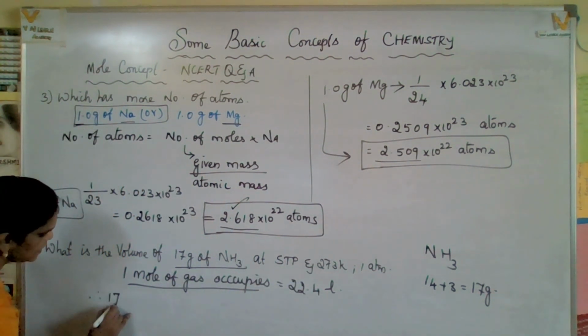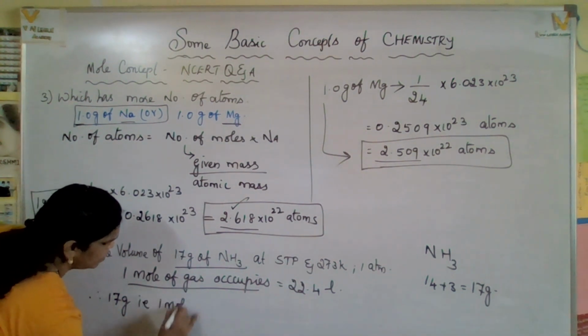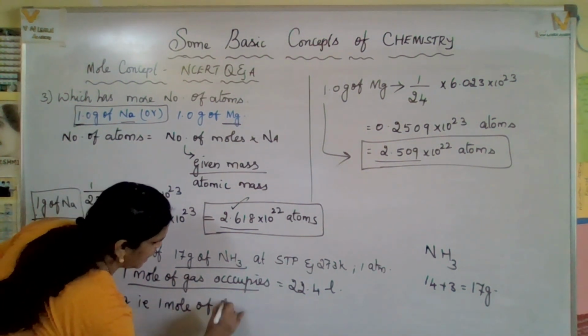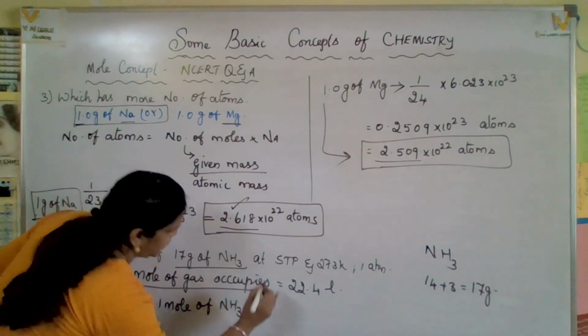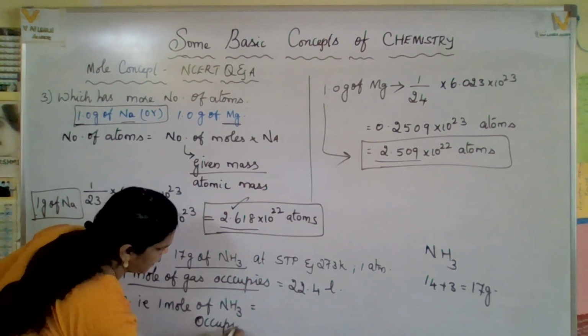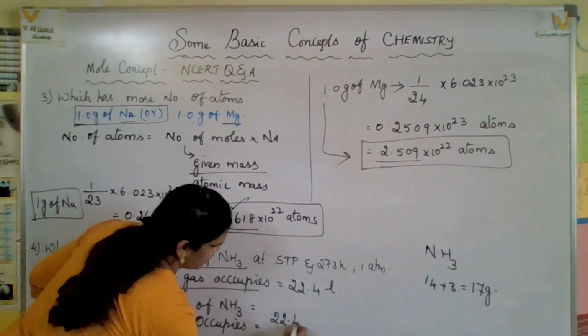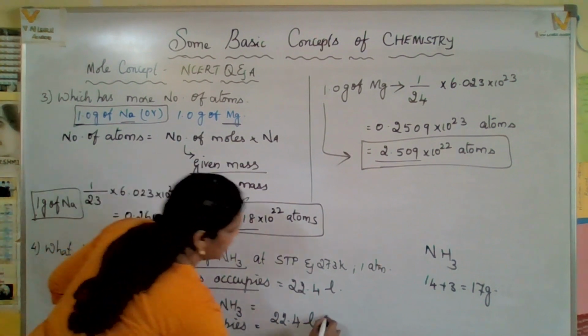Therefore 17 gram, that is 1 mole of ammonia, occupies the same 22.4 liter only.